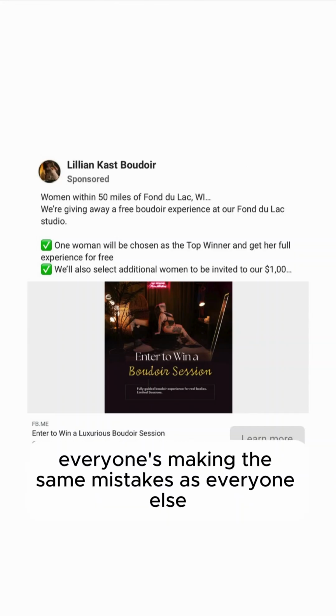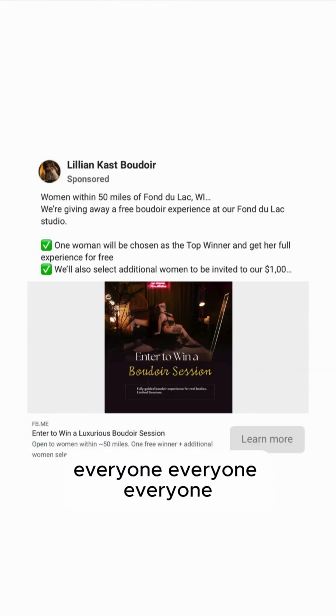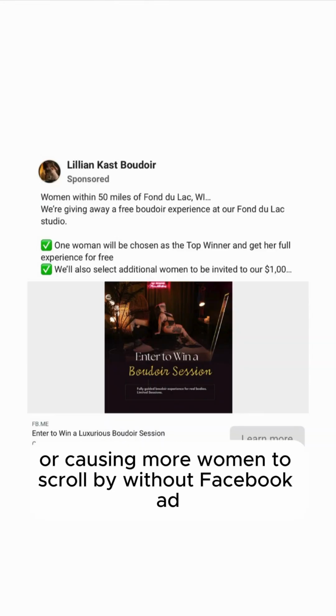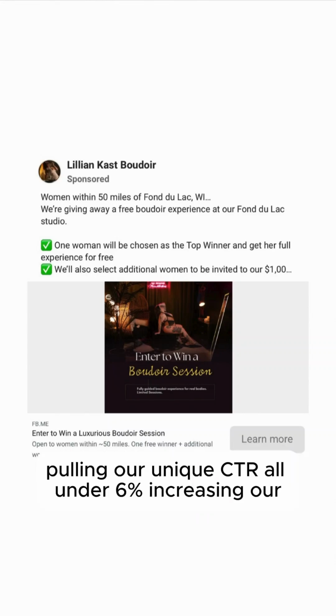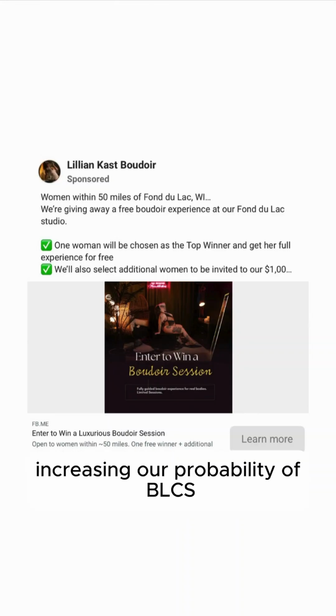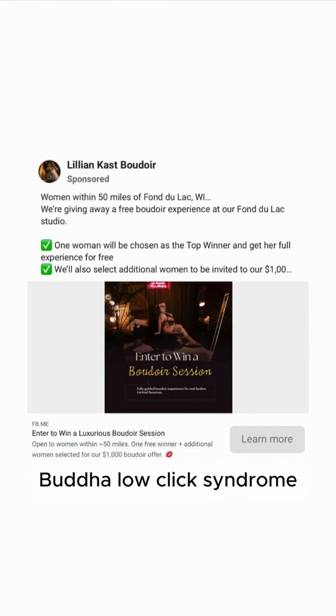It's because everyone's making the same mistakes as everyone else. So, doing this mistake, we're causing more women to scroll by our Boudoir Facebook ad than necessary, pulling our unique CTR under 6%, increasing our probability of BLCS, Boudoir low click syndrome.